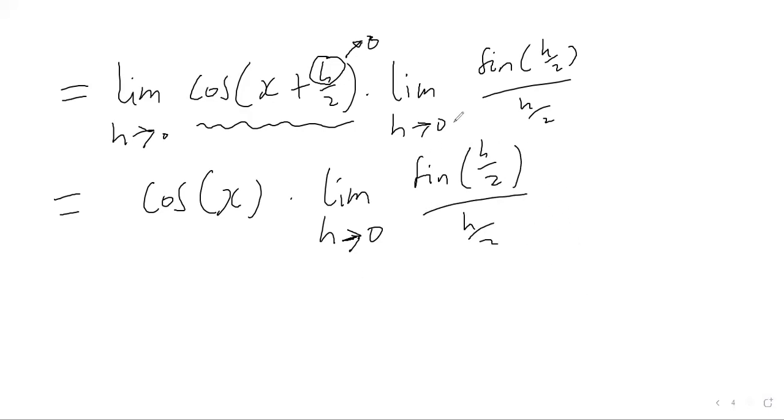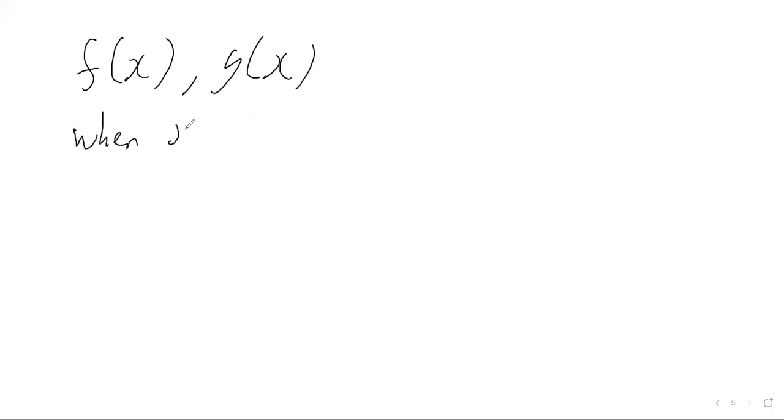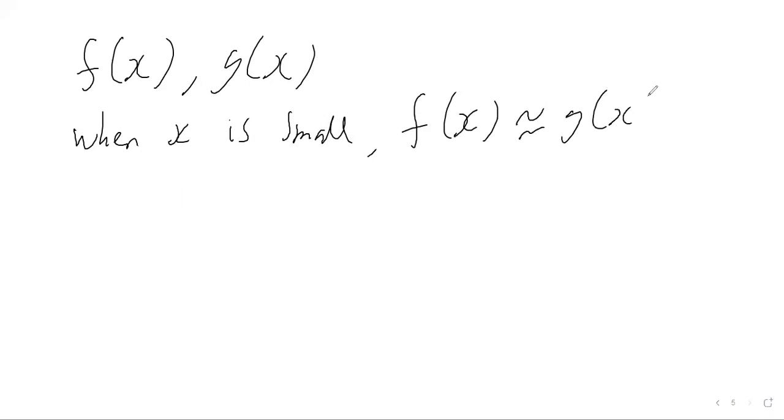Okay, great. So now we want to do this second limit. To do this limit, we've just got to think about functions for a minute. Let's say we have two functions of x, f of x and g of x. And let's say that when x is small, so when x is a small number close to 0, f of x is approximately g of x.